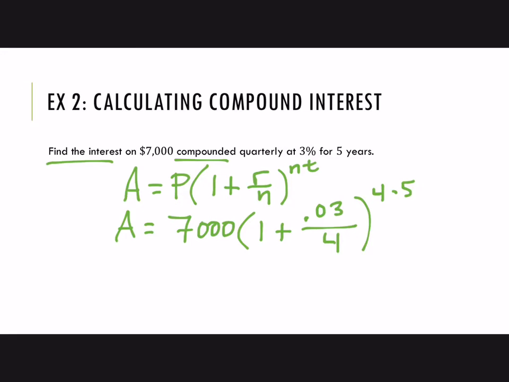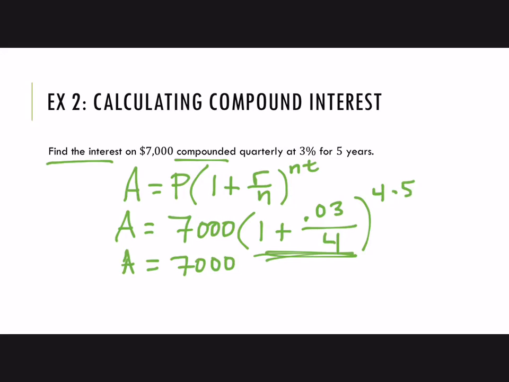Now a second option, you may choose to simplify this as you go, which is a good idea as long as there's no rounding involved. For example, 4 times 5 is a nice number without any decimal part to it, so you can go ahead and simplify that before you enter it in the calculator if you like. And then I would also look at this part in parentheses.